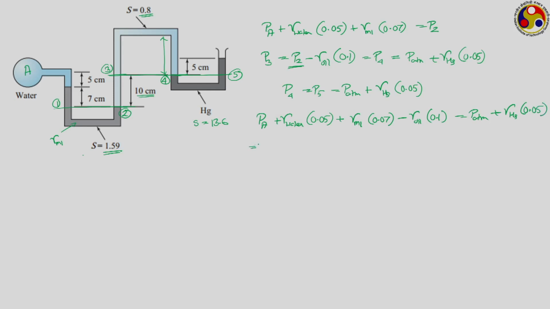From there you can separate out the terms to have Pa minus P atmospheric on one side, everything else goes to the other side.